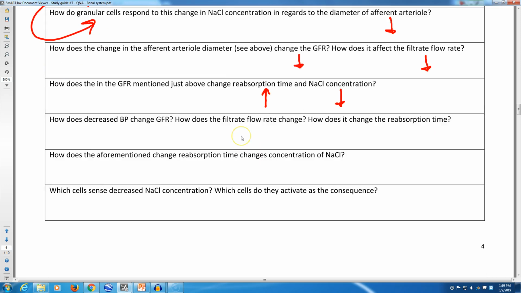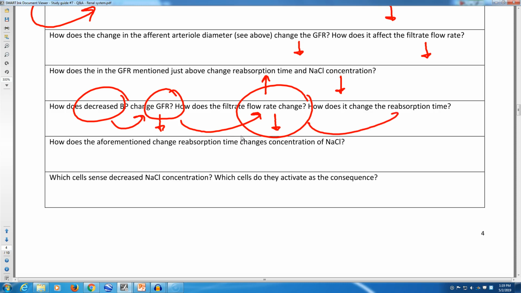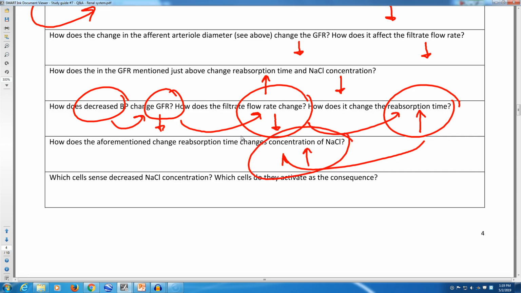So same story: decreased blood pressure decreases GFR, decreased GFR decreases the flow rate, decreased flow rate increases reabsorption time. This increases sodium chloride concentration in the filtrate. Macula densa cells will sense the change.